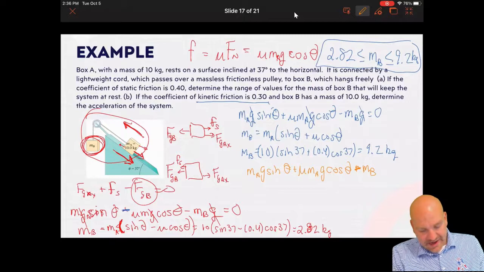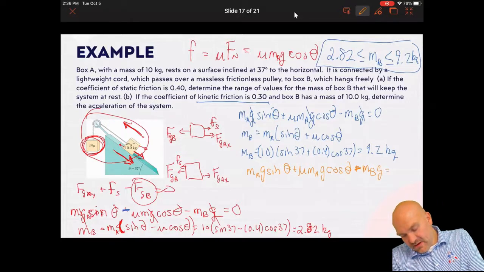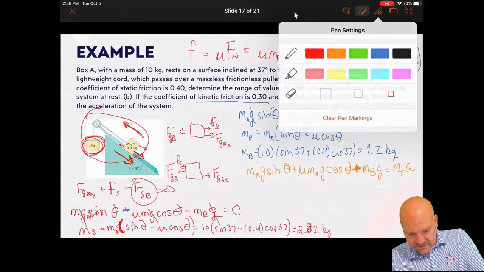So if I'm going down the incline, that is going to be my positive. And again, you could do all this as you want. In fact, I'm looking at my notes and I've got it all. So this would be plus and these two be minus.